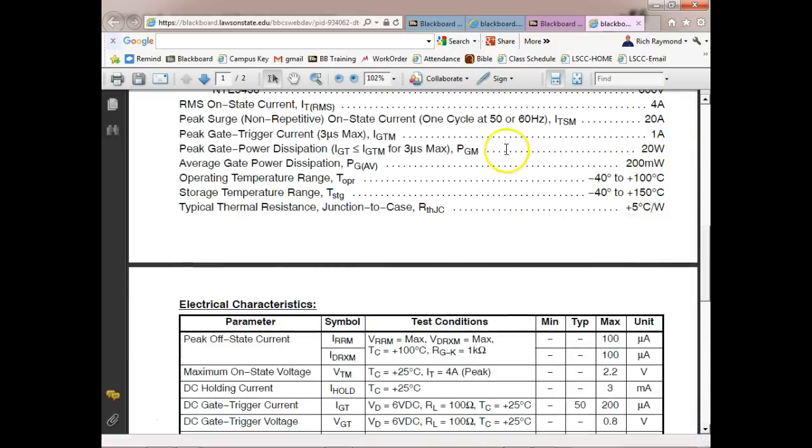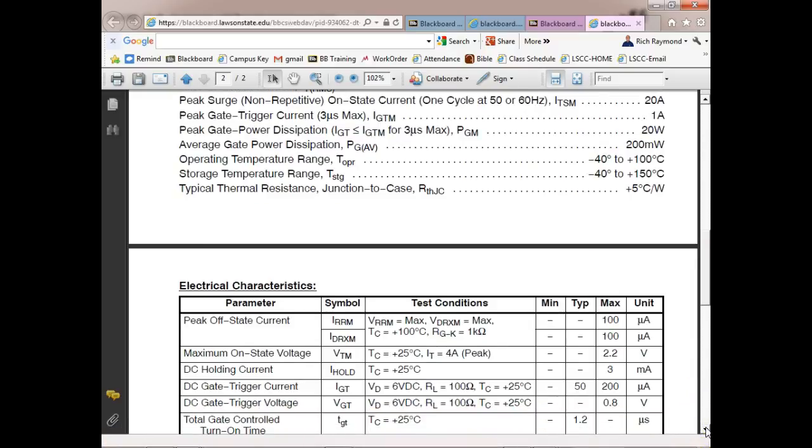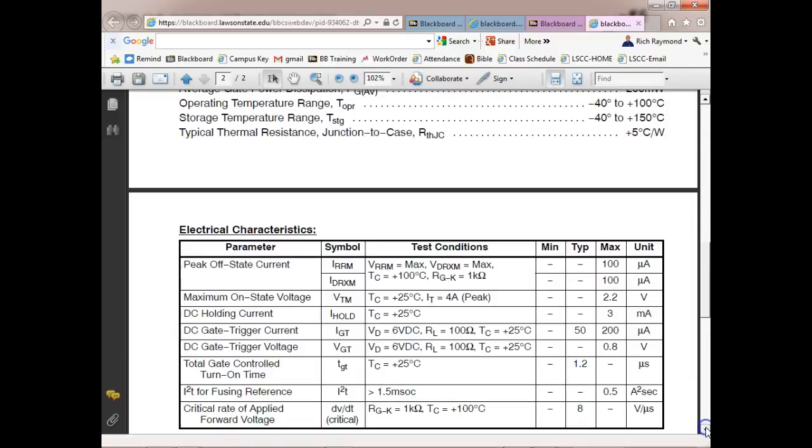It's rated at trigger current. Let's see what you call it. That peak surge current, we're not going to need that. What we're looking for is a holding current. So that means to turn this thing off, I have to drop it down below what? 3 milliamps.